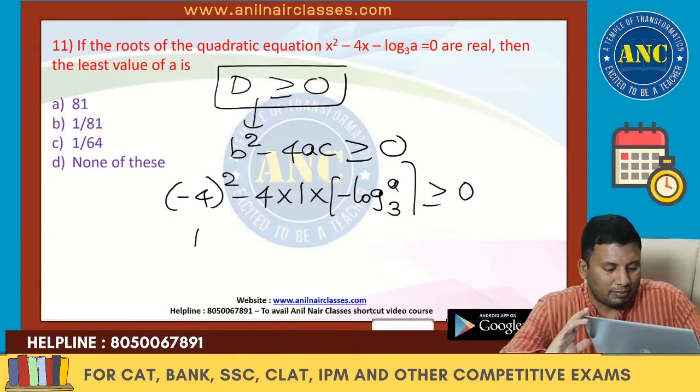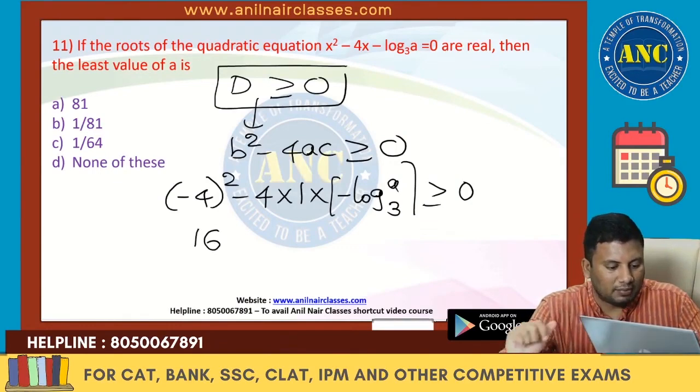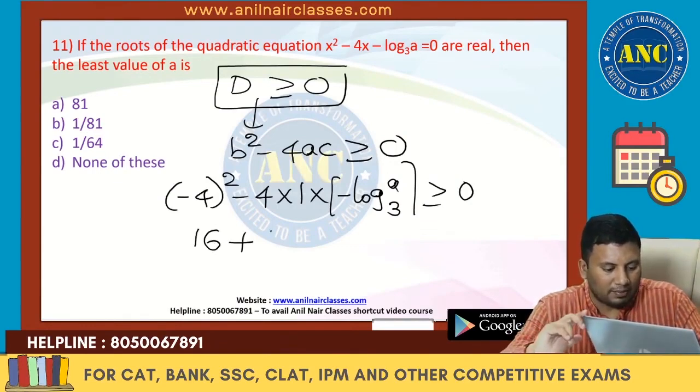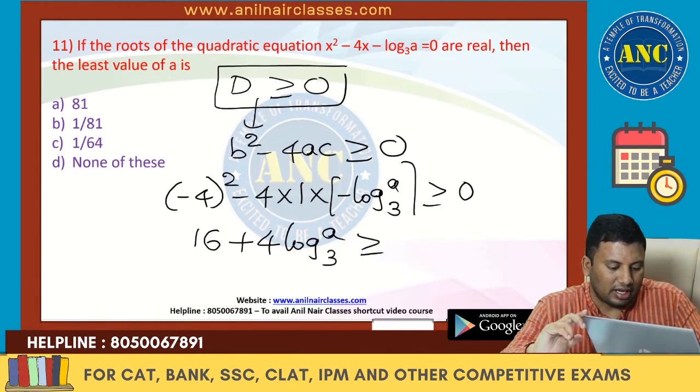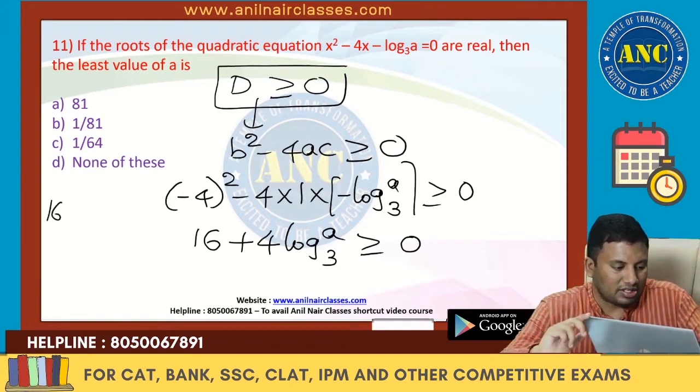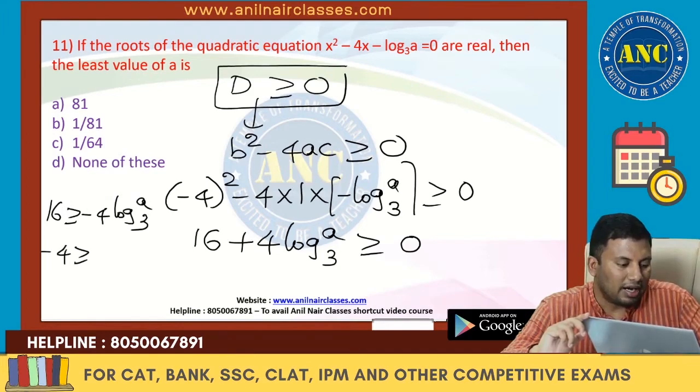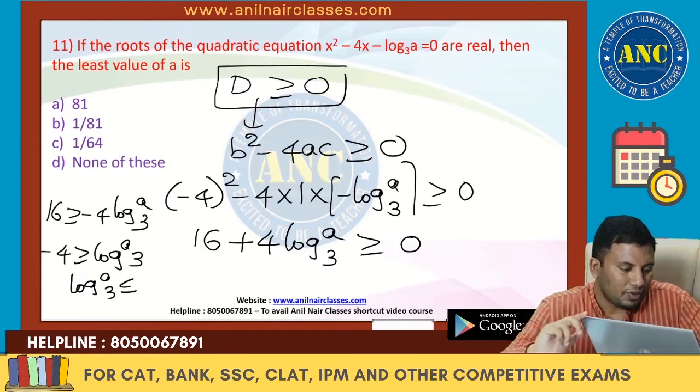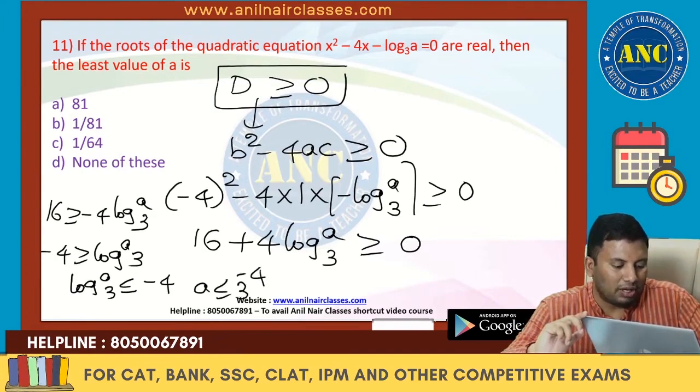So it is nothing but 16 minus 4ac, that is 16 plus 4 into log a base 3, greater than or equivalent to 0. This is nothing but 16 is greater than or equivalent to minus 4 into log a base 3, so minus 4 is greater than or equivalent to log a base 3. Log a base 3 is less than or equivalent to minus 4. A is less than or equivalent to 3 power minus 4.